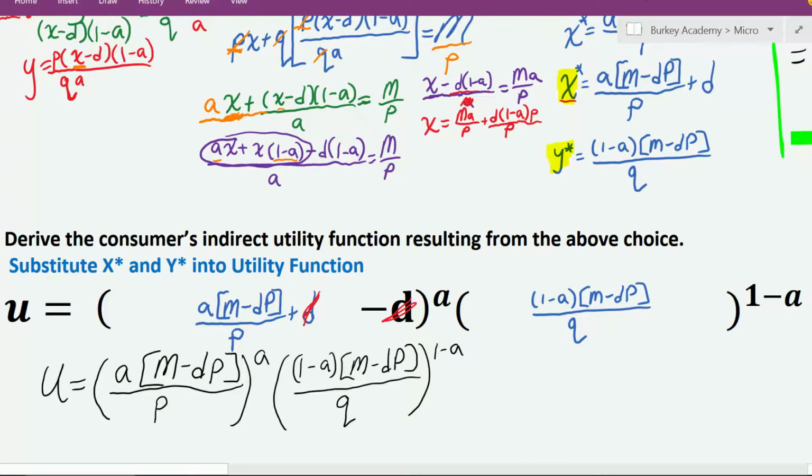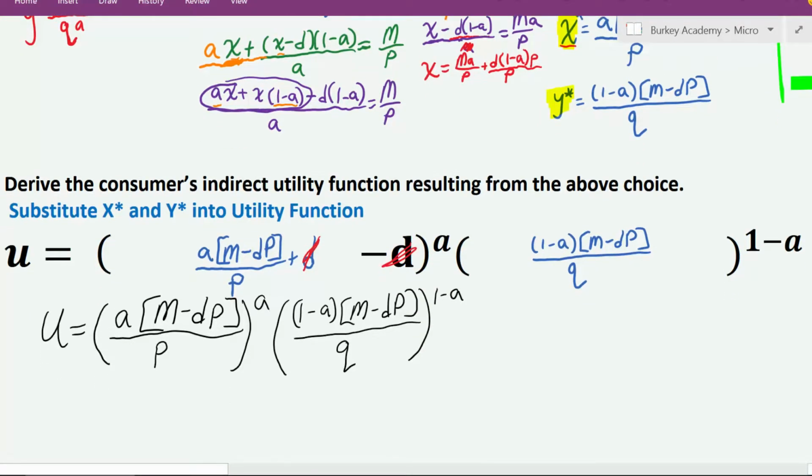Okay. Now, very, very similarly to the standard situation that we were talking about before, without this subsistence level income, we're going to be able to combine the disposable income here and the disposable income here to the first power, since the a and the 1 minus a are going to add up to 1.